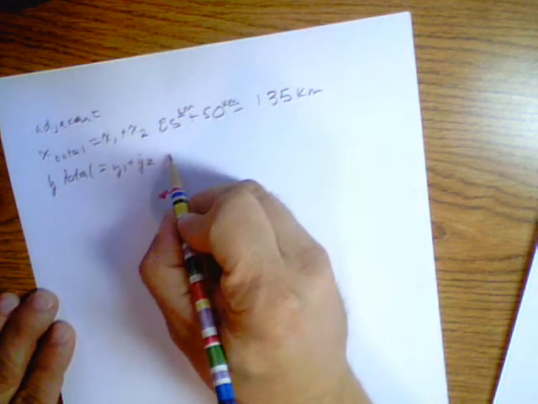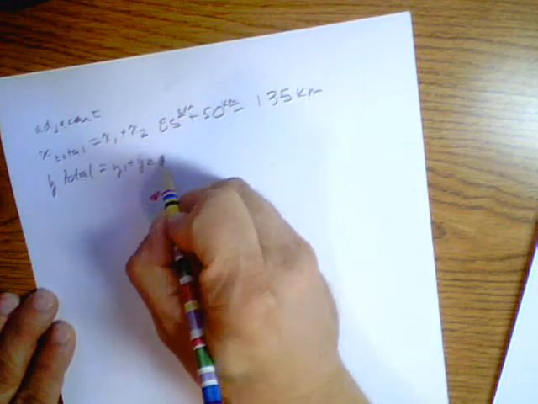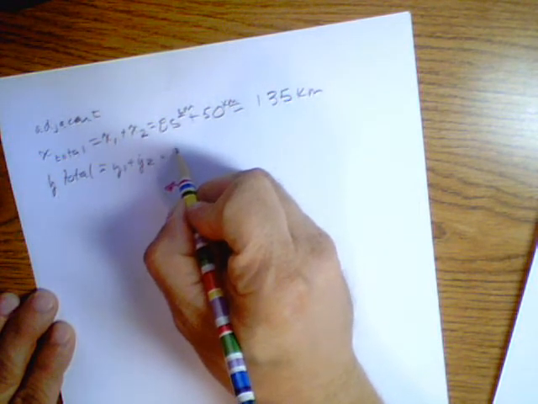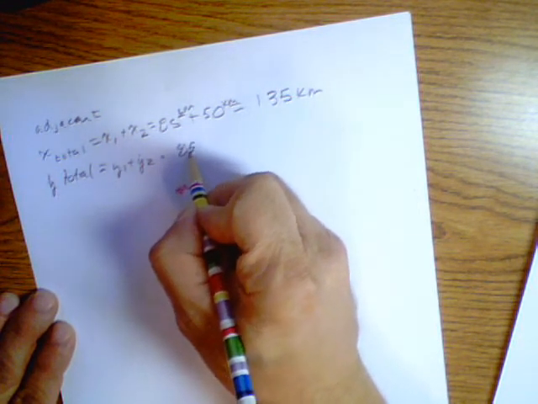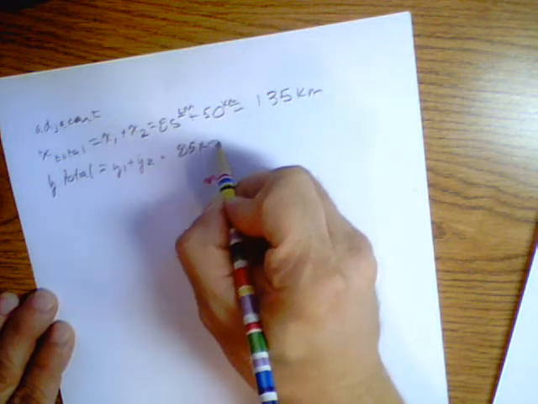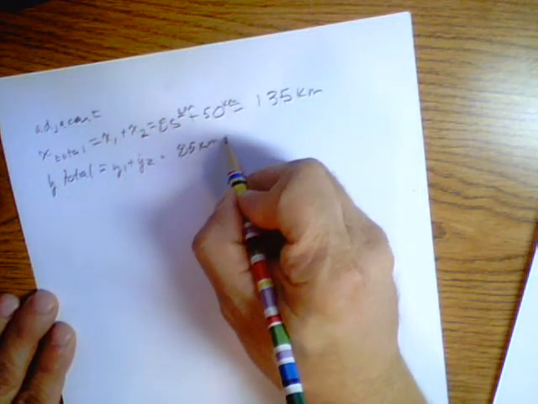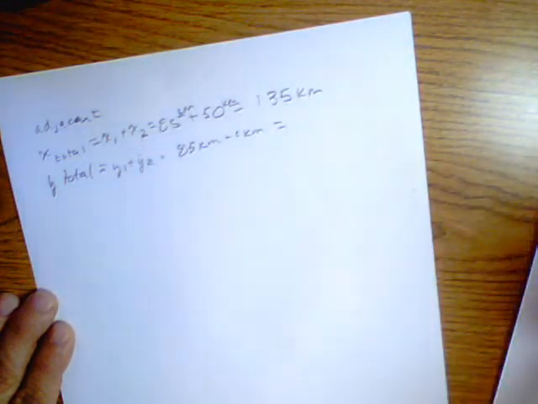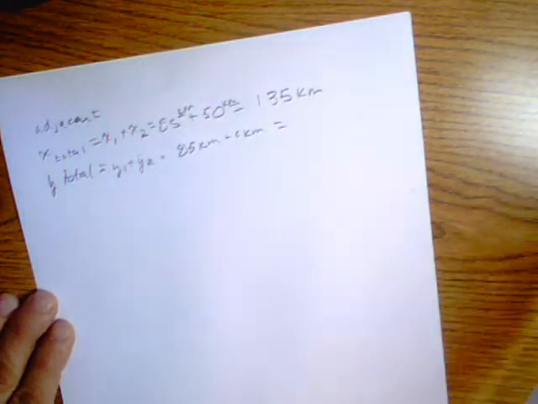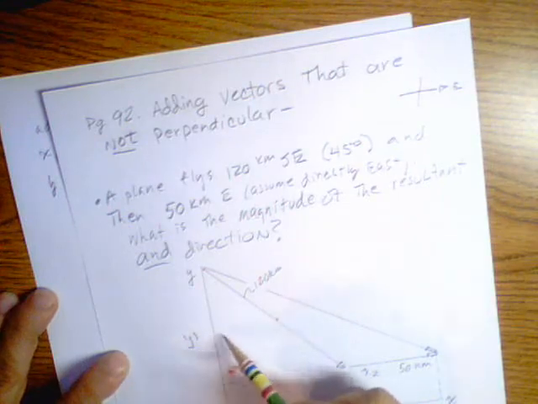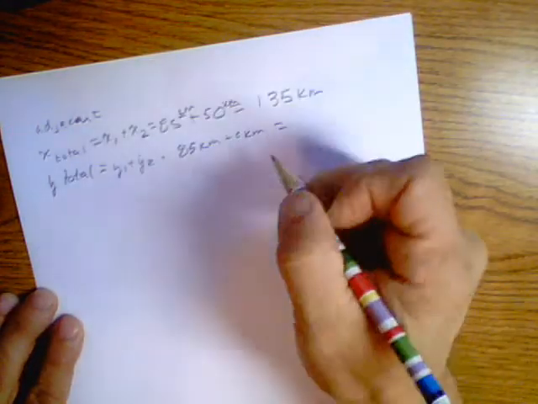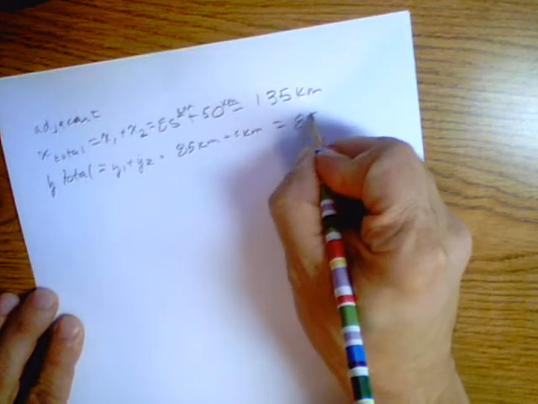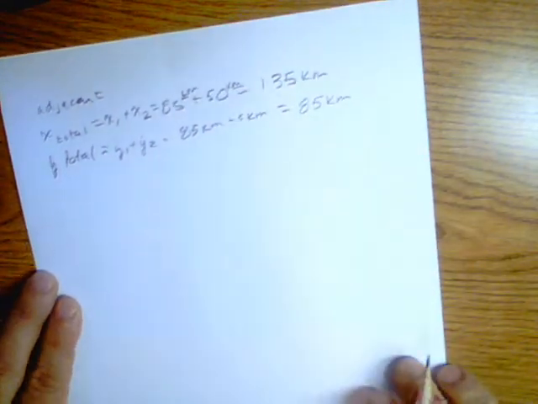We know y2 is 0, but we want to be in the practice of writing it, because we're going to have to do it again. I'm not surprised that both these are 85, because it's a 45 degree angle. If it's a 45 degree angle, then they're going to be equal. So it's not a coincidence.